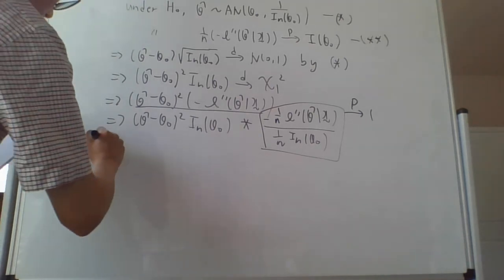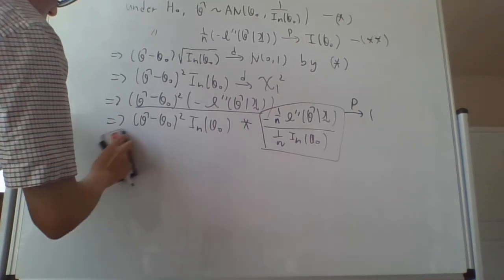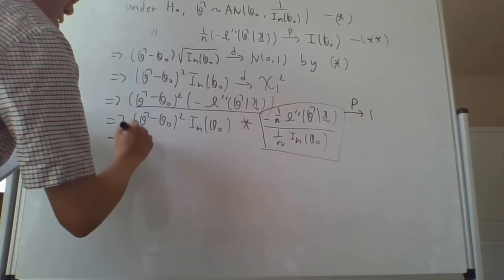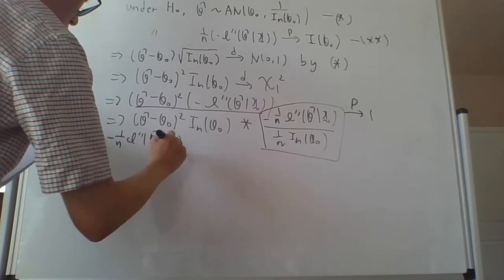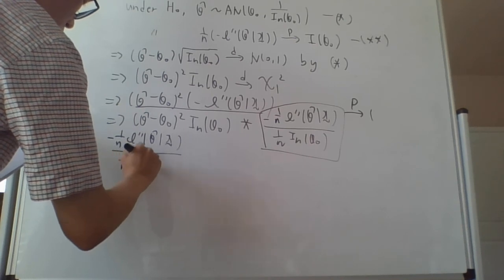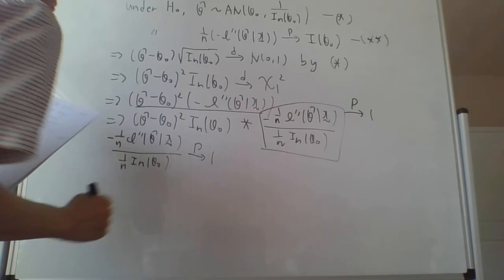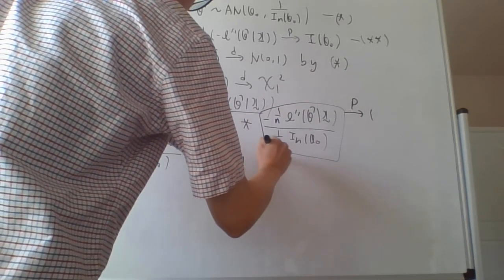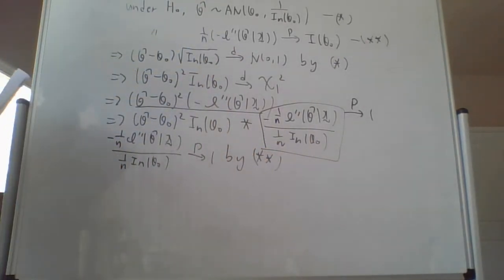So let me write it again. This converges in probability to 1 by the second star, because in the second star, 1 over n times the minus observed information number converges in probability to the information number in theta 0, the entire information number. Since we have IID, this is n times I theta 0, n times the single information number.